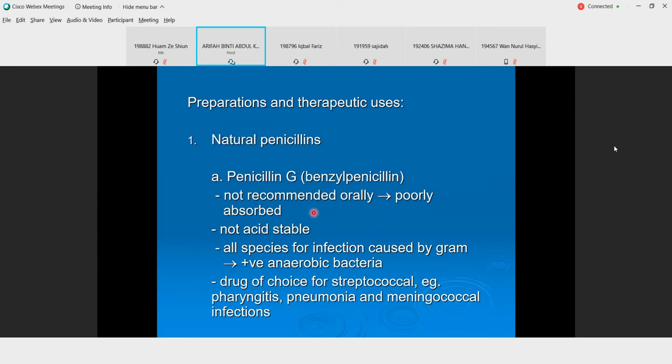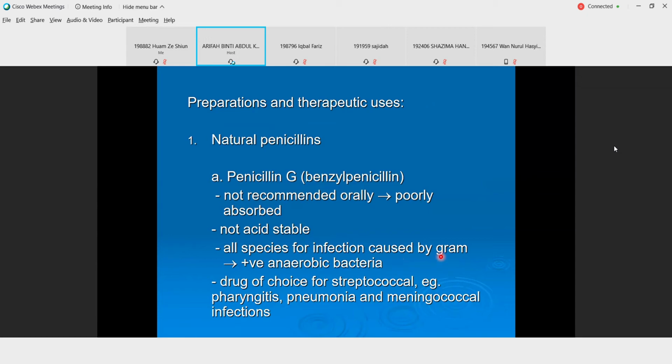Not recommended orally due to poor absorption. It is not acid stable, so when you take it orally, it is easily degraded by the gastric juice. It is used in all species for infection caused by gram-positive anaerobic bacteria.